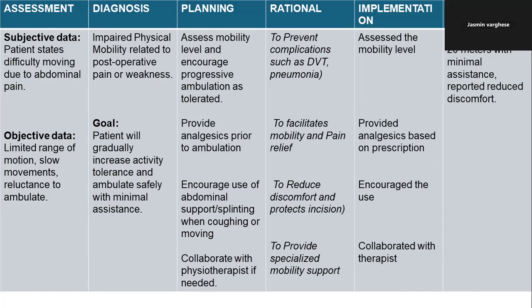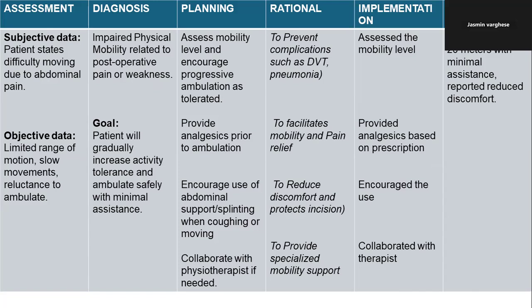And in planning, rationale and implementation column, always write planning in present tense. Assess the mobility level and encourage progressive ambulation as tolerated to prevent complications such as DVT and pneumonia. DVT means deep vein thrombosis.